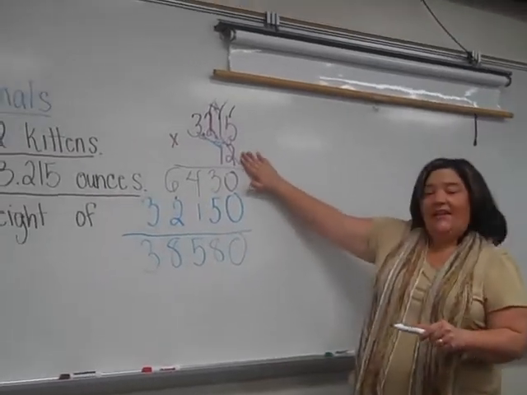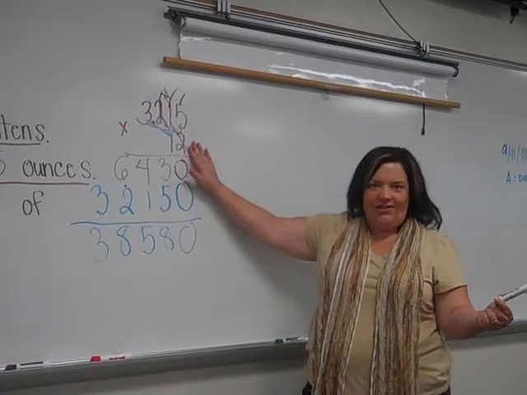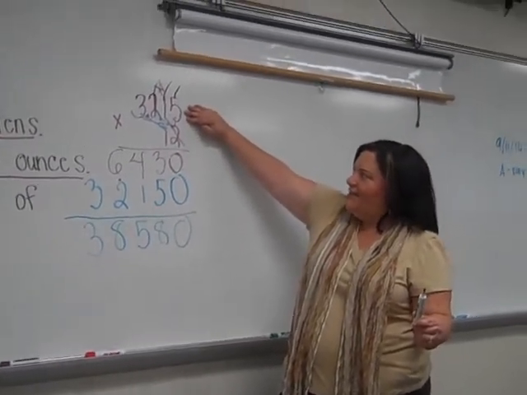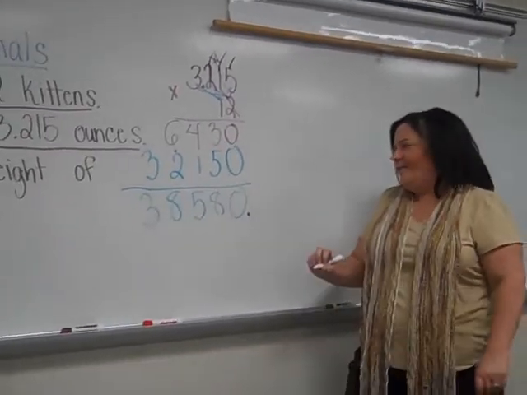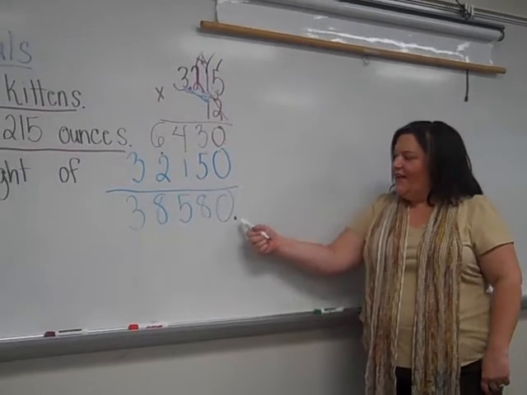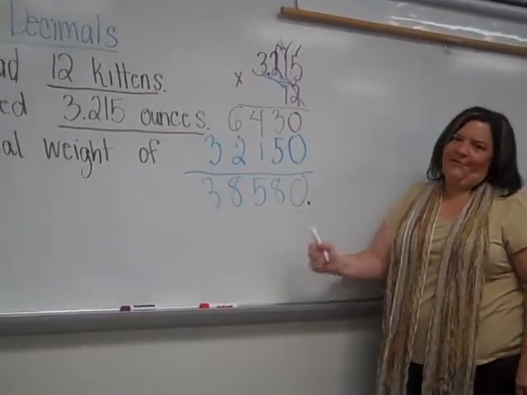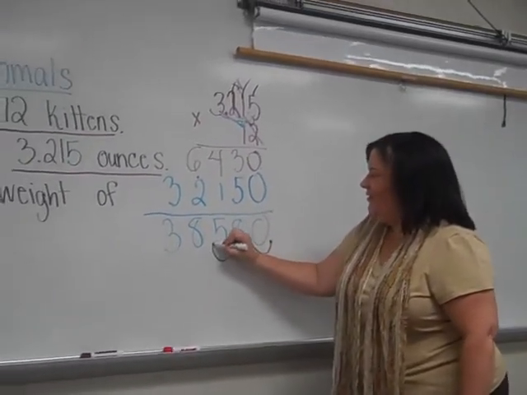There aren't any values to the right of this factor. So since I notice that there's 3 decimal places up here, in the product, I move this decimal point 3 places over to the left. 1, 2, 3.